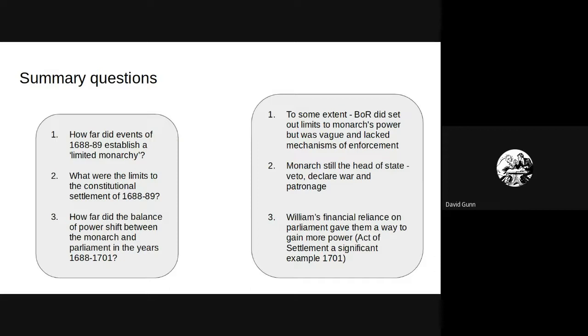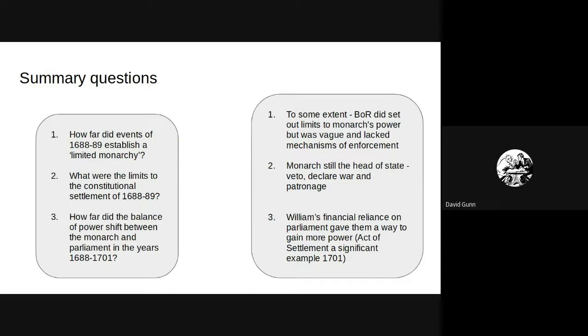What were the limits to the constitutional settlement? Well, the monarch is still the head of state, could veto, declare war, and had patronage. Again, you could weigh those up, because even though the monarch could veto, and William did veto in 1693, the Triennial Act was passed in 1694, forced through by Parliament. So again, you could weigh that up.